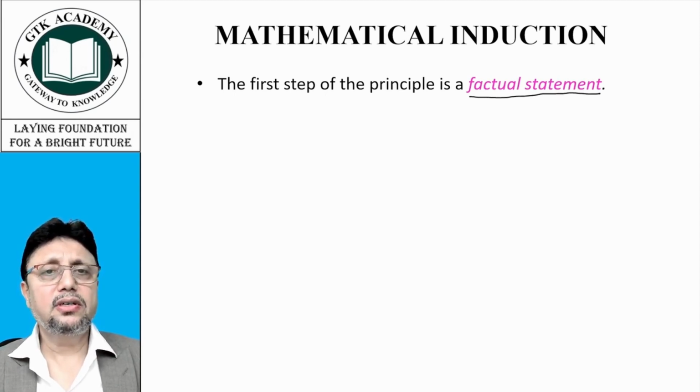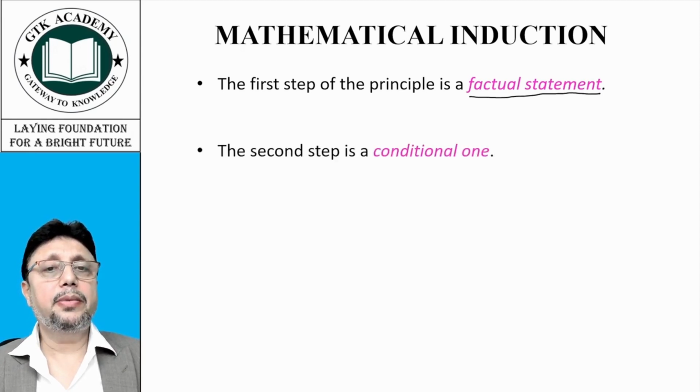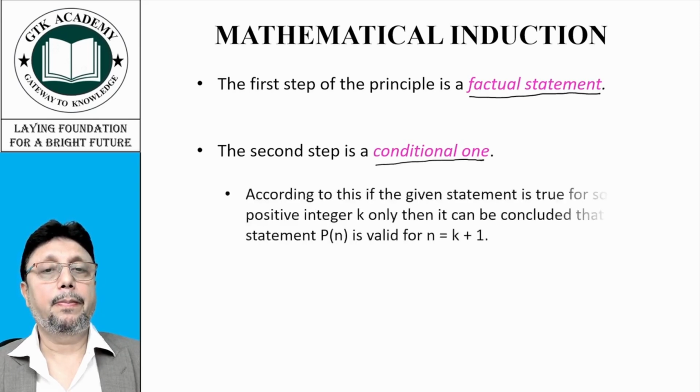So that is a fact. The second step is a conditional one: if this happens, then this. Here, we first of all assume it is true for any positive integer n or k, and then we prove it is true for k plus 1.